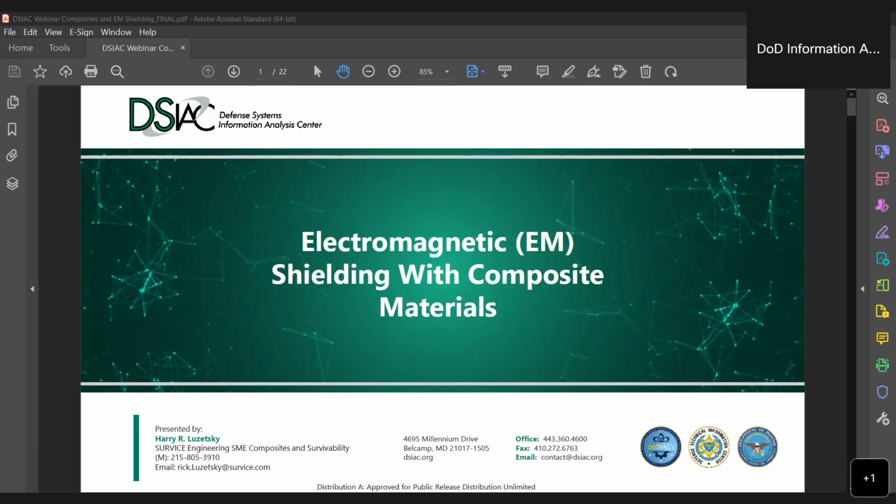Rick Lazetsky is a subject matter expert with service engineering with the Aberdeen Research Operation. He has over 40 years experience with vertical lift aircraft and has spent most of his work on composite materials and survivability technologies to improve platform performance. He has more recently been engaging in efforts on multifunctional composite materials with structural and integrated electromagnetic shielding capabilities.